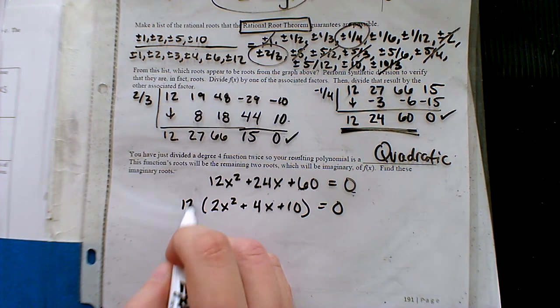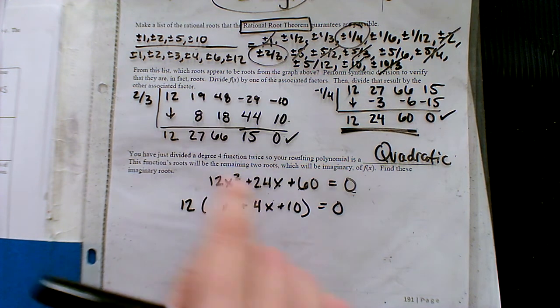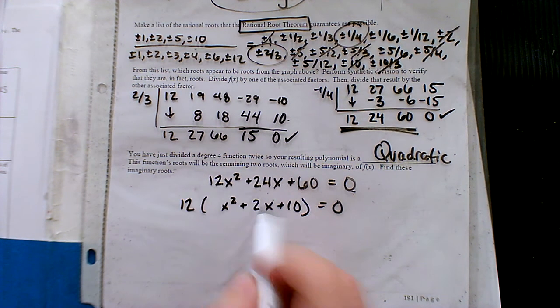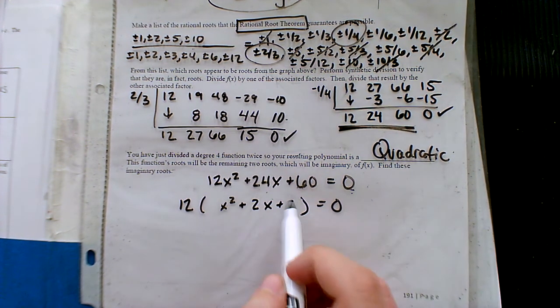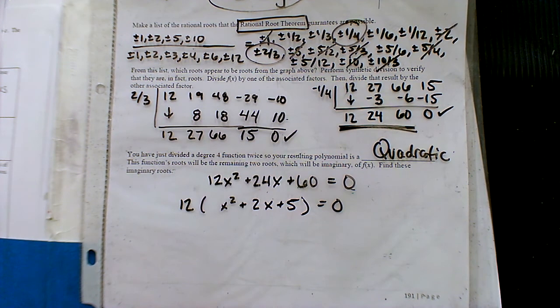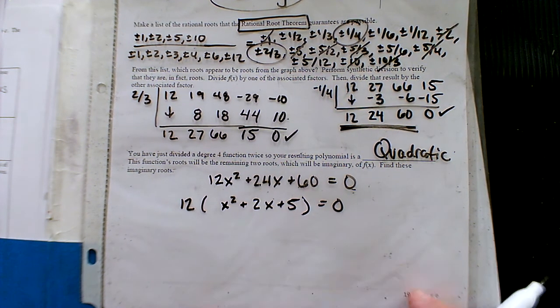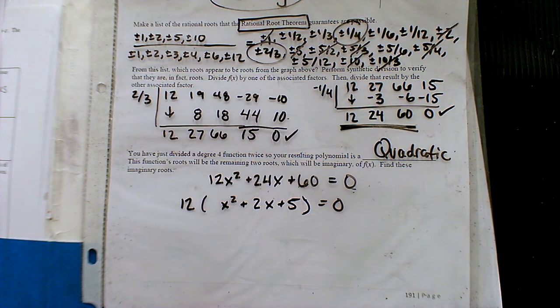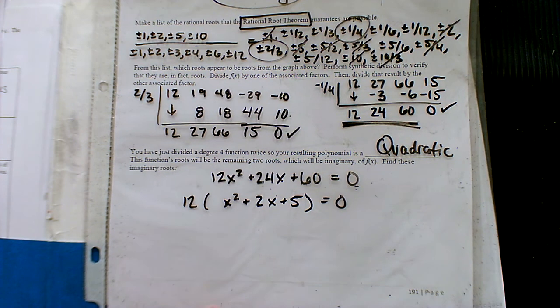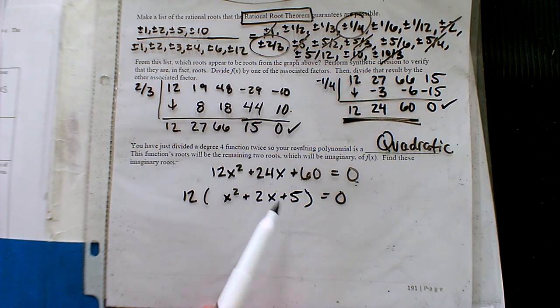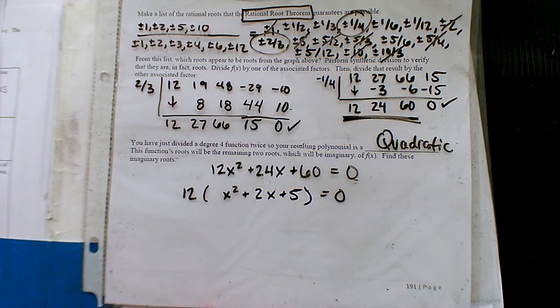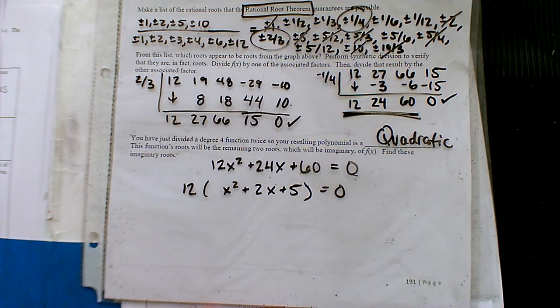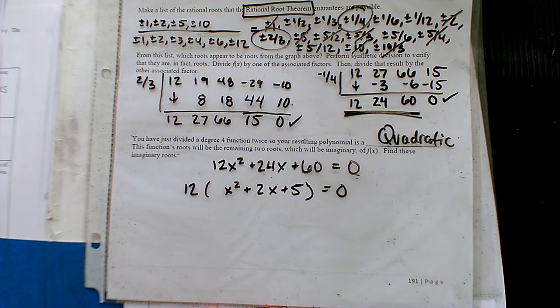Yep, so if we take another 2 out, this would become a 1, this would become a 2, and this would become a 5. All right, so we factored the GCF. Can we keep factoring? Two numbers that multiply to 5 and add to 2? No.